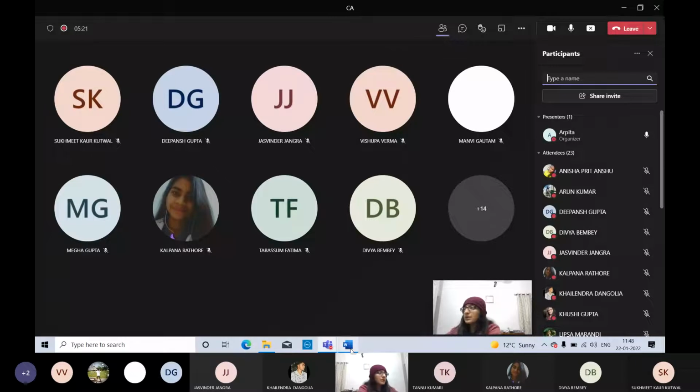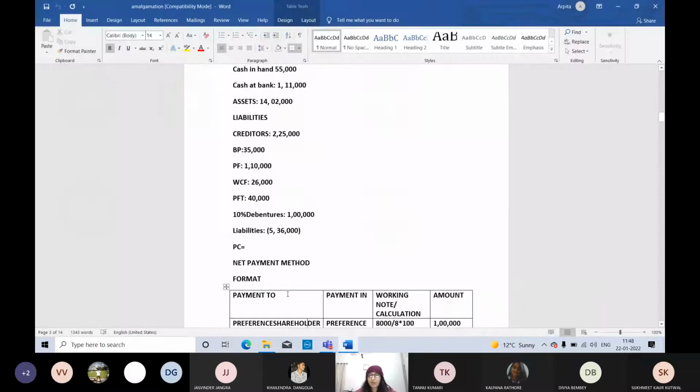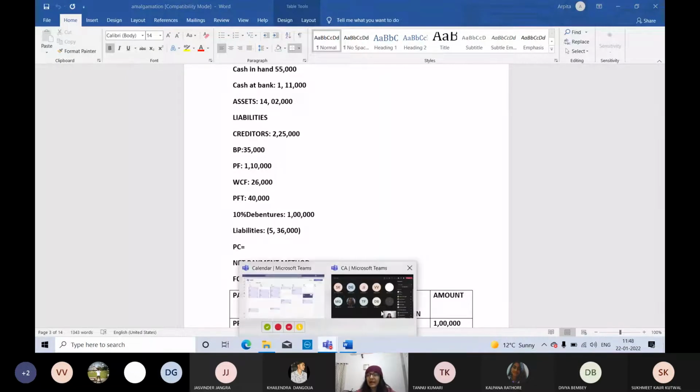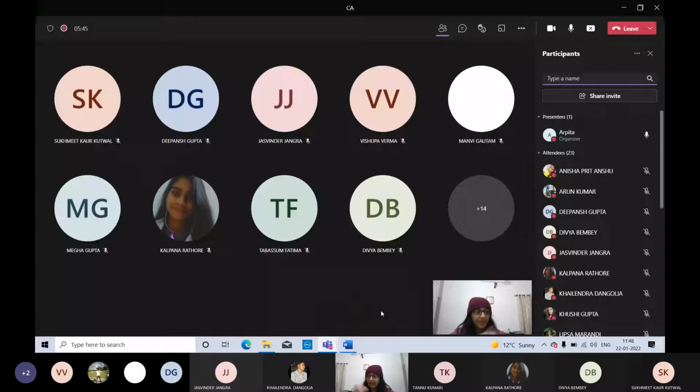Any doubt? Okay, so now I'm saying that the format is you're going to first write down payment to, where you write to whom you are making the payment. Secondly, you're going to write down payment in, in the sense of how you are going to make the payment. Are you going to make the payment by giving them preference shares in the purchasing company?